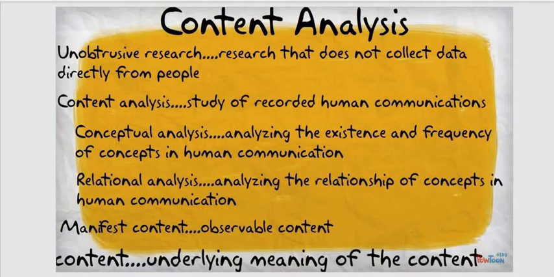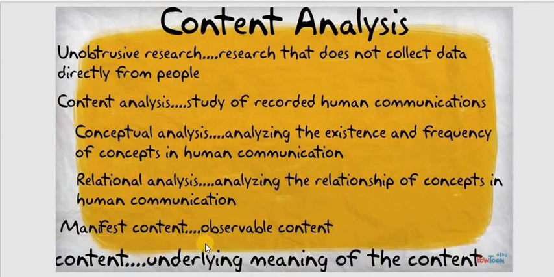The content that you actually look at, hear, see, or watch, that you can actually observe, is manifest content, in terms of text messages, pictures, and sound. But latent content is the underlying meaning of manifest content; you have to analyze the underlying meaning of that word, of that picture, of that coverage.